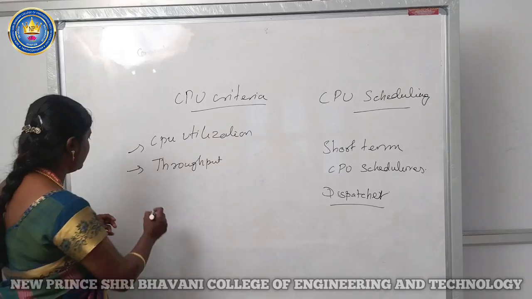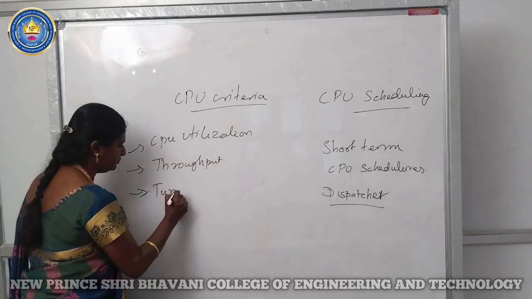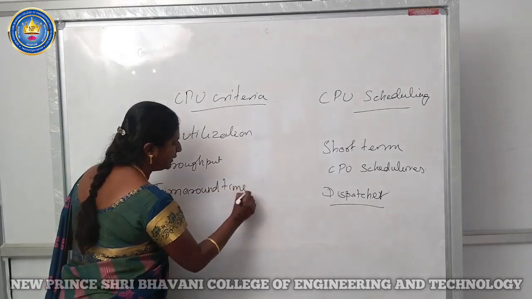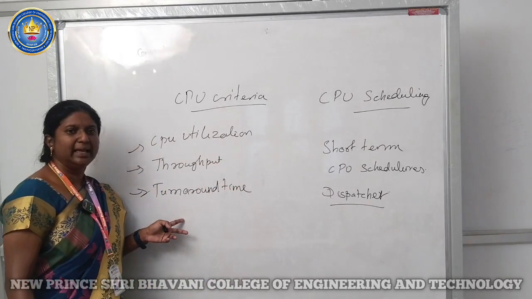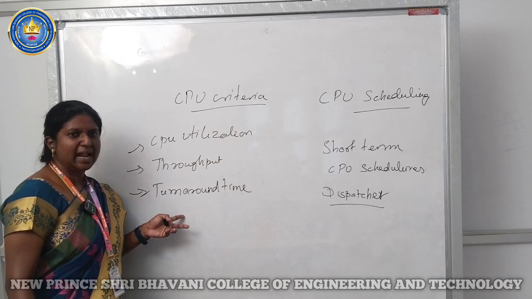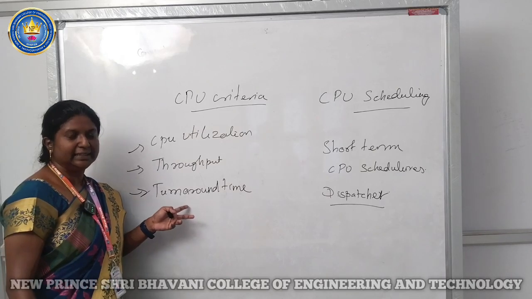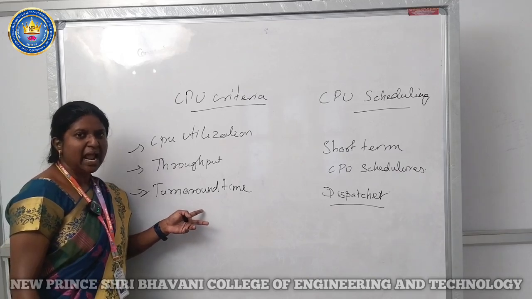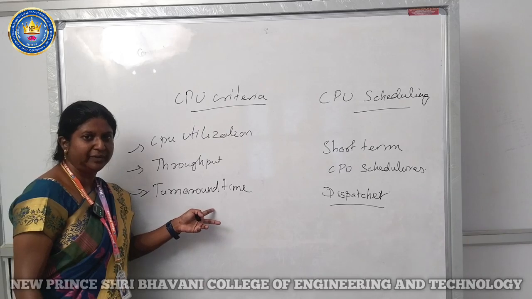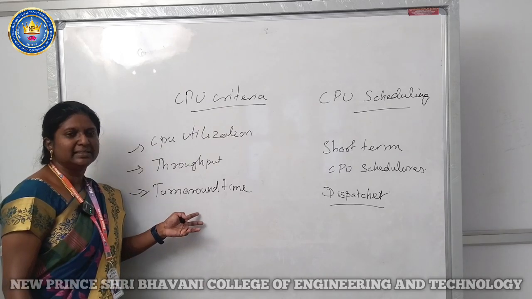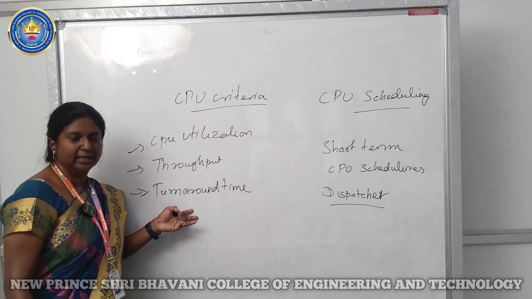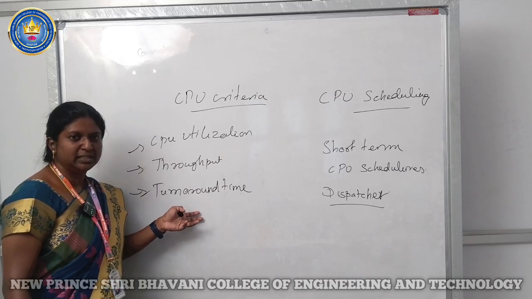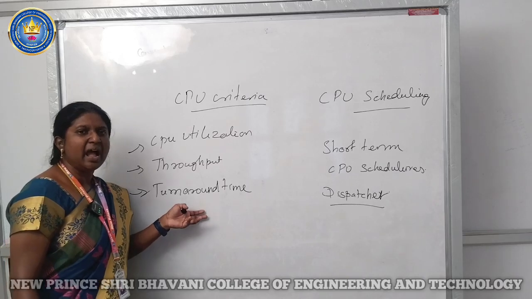And then we can see the turnaround time. Turnaround time is the time gap between the process submission and the process finishing. In this time gap, we include the waiting of the process in the ready queue, waiting of the process for memory, and then I/O wait.